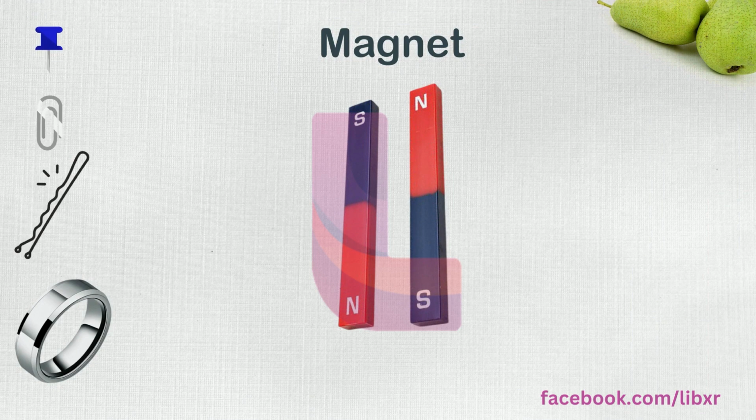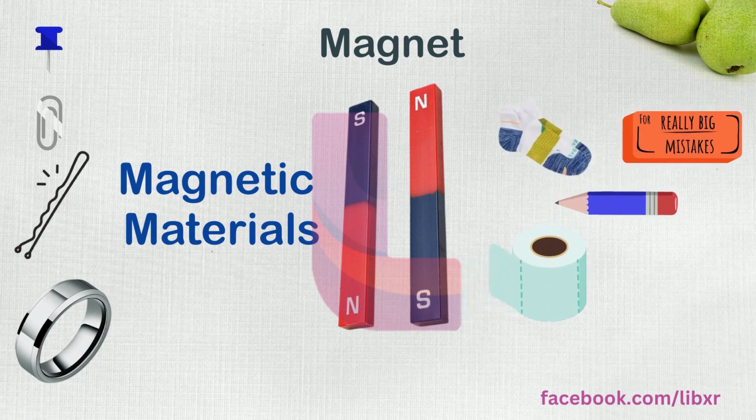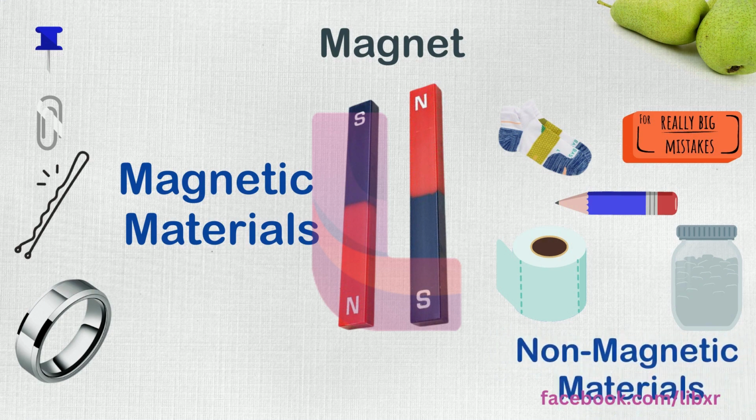And that is because they are made of iron and steel, which are magnetic materials. The pencil, tissue paper, eraser, sock and glass jar did not get pulled towards the magnet because they are made from wood, rubber, fabric and glass, which are non-magnetic materials.